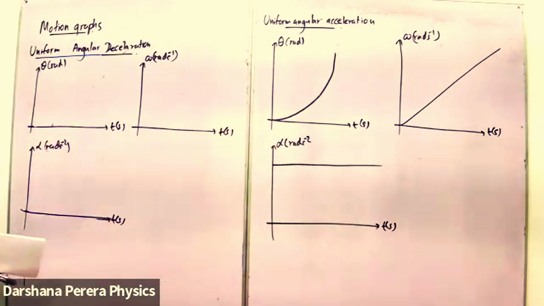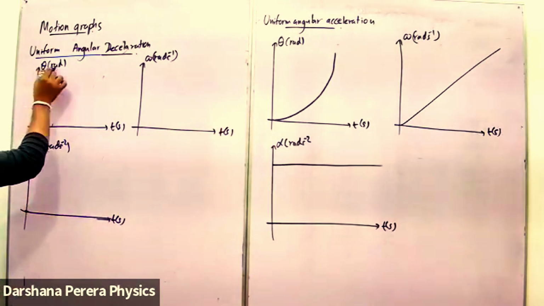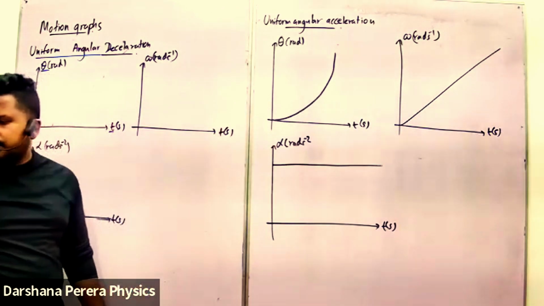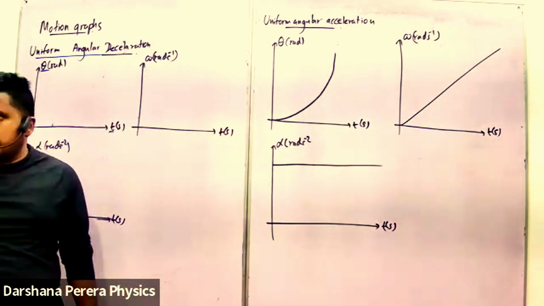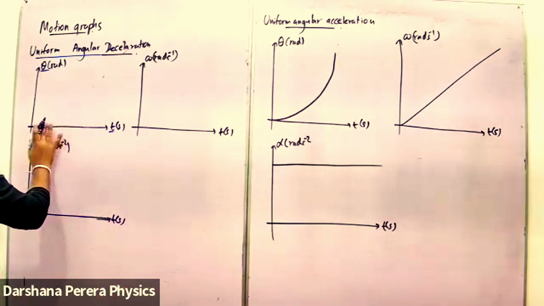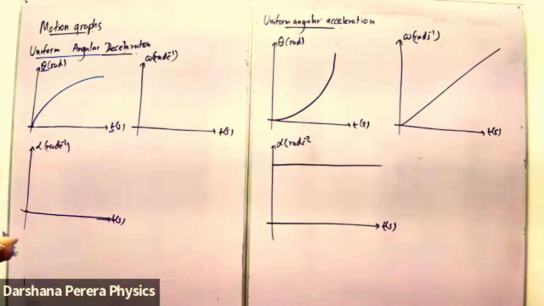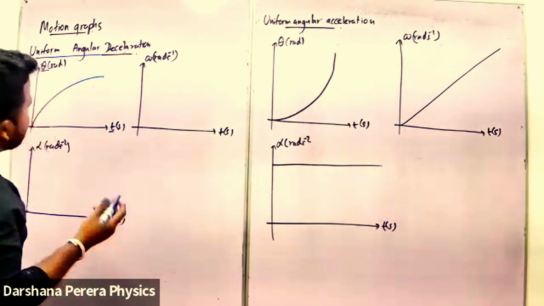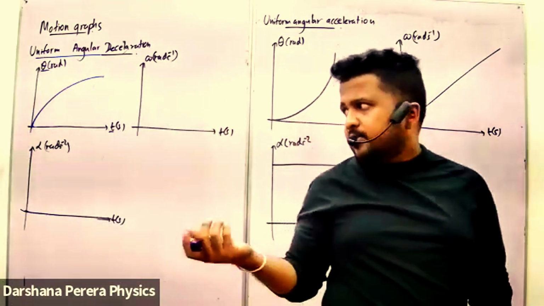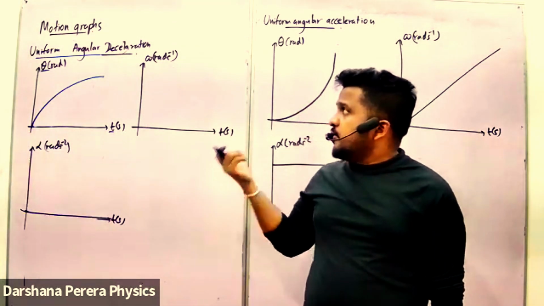Then for uniform angular deceleration, the gradient of the theta t graph is the angular velocity. Deceleration means the angular velocity is decreasing, so the gradient decreases like this. For the omega t graph, the gradient is the angular acceleration.